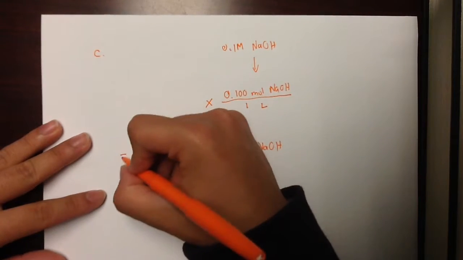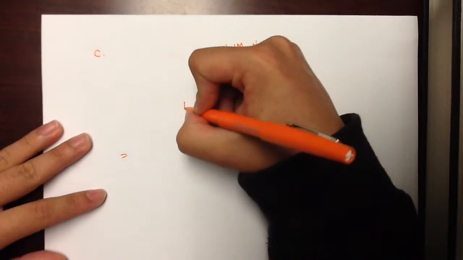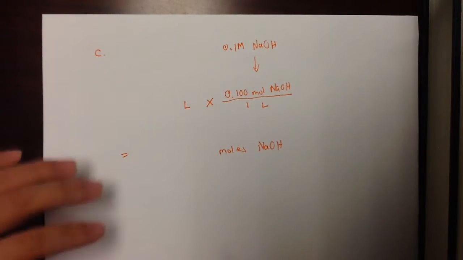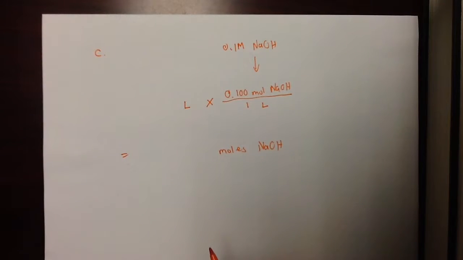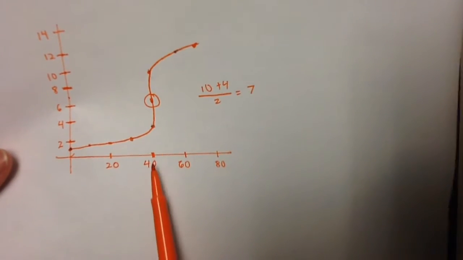Okay, well, we want moles, but we have moles per liter right here, so we have to multiply by liters, and this is just basic stoichiometry. We're going to look at the problem. It says a 40 milliliter sample of one of the solutions is added to a beaker to get the equivalence point. And jumping back a little bit, we can see that, hey, wait a second, the equivalence point happens around 40, right?